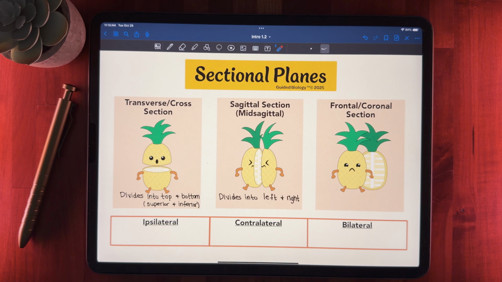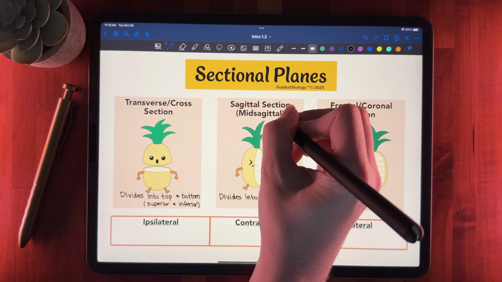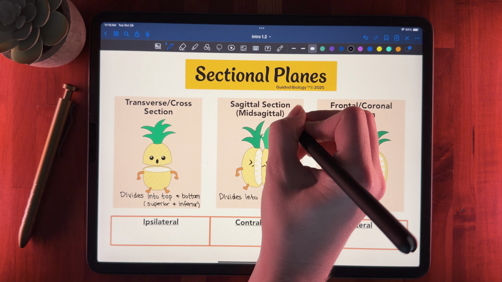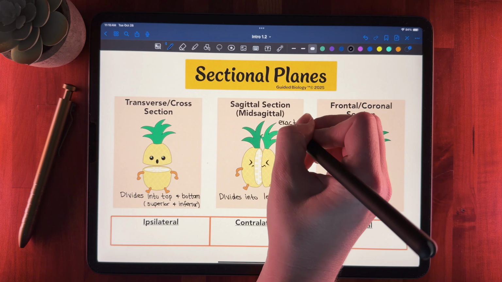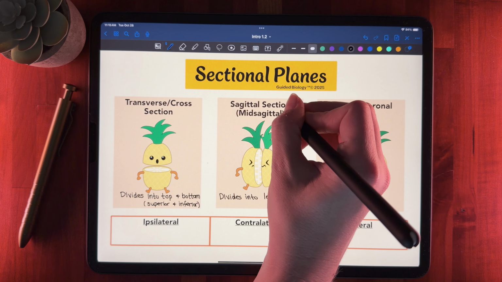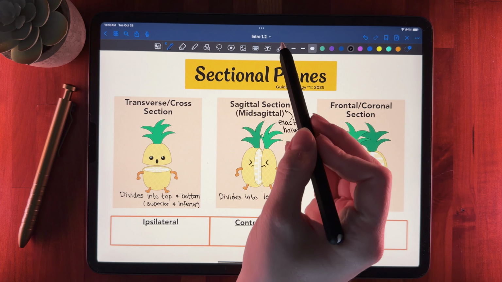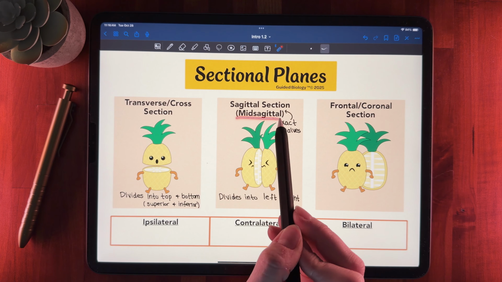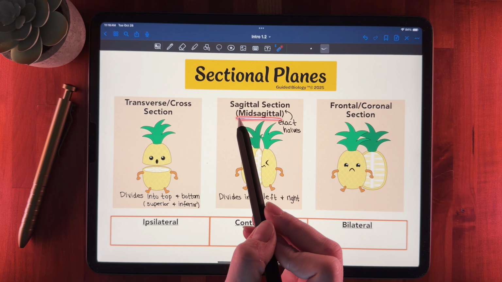Mid-sagittal refers to a section that is precisely down the midline of the body, giving you exact left and right halves. So mid-sagittal is a little more specific than just sagittal. And if you are referring to any other kind of sagittal section that is not precisely mid-sagittal, you can also use the term parasagittal.